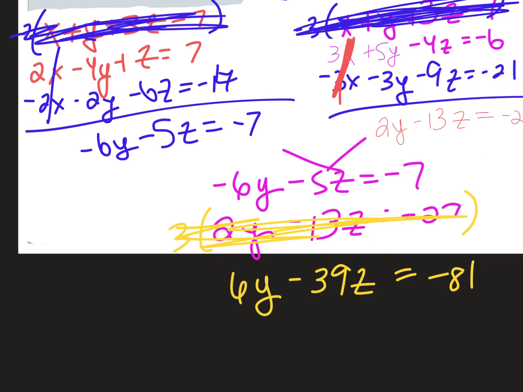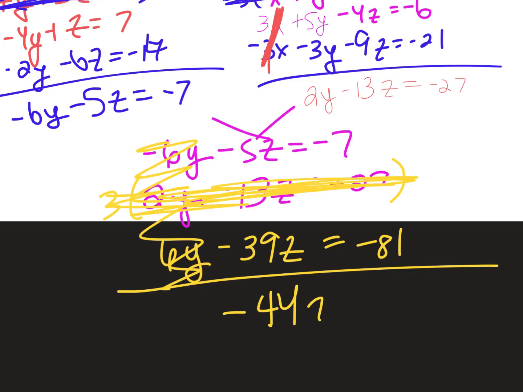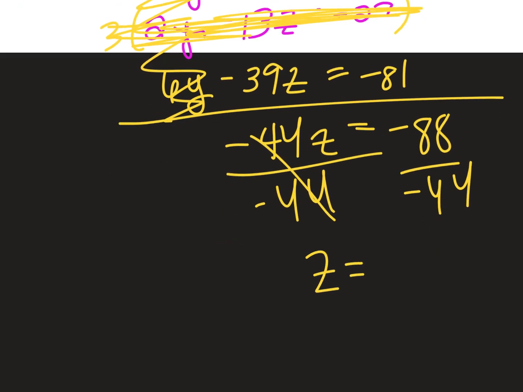Now I'm going to combine these two, so my 6y's will cancel. Negative 5z and negative 39z gives me negative 44z equals negative 7 and negative 81 gives me negative 88. Divide both sides by negative 44, and I get z is equal to 2.